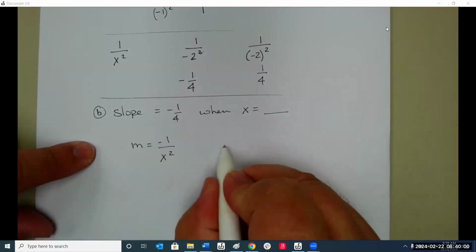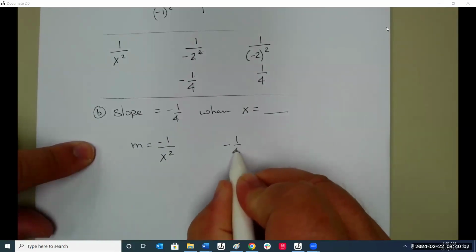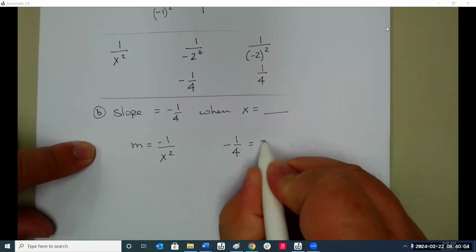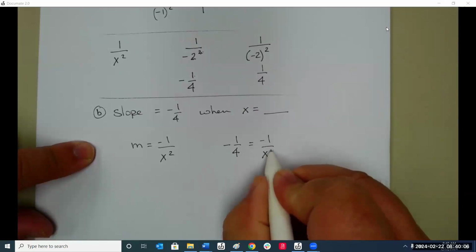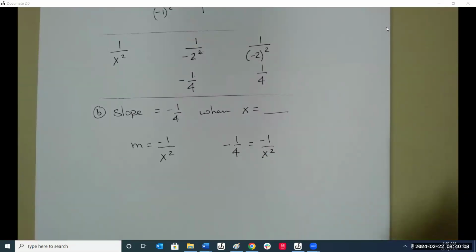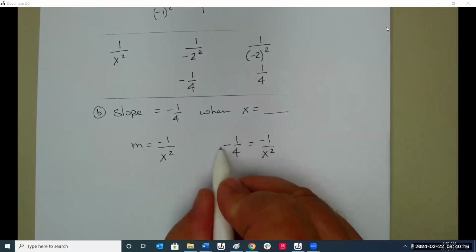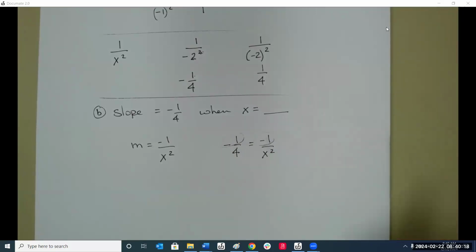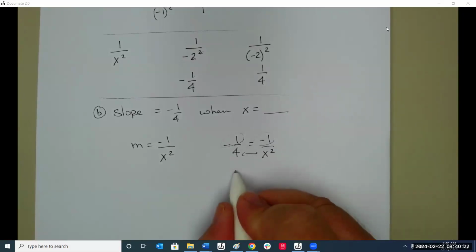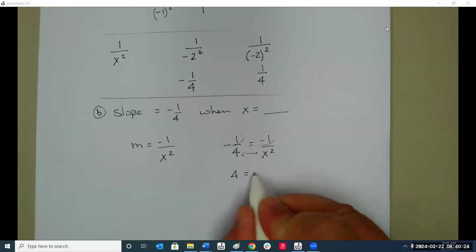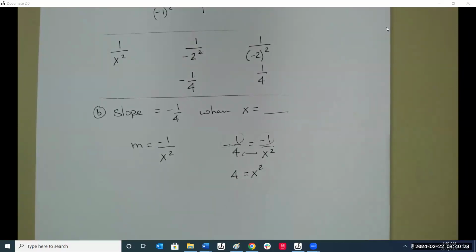When the slope equals -1/4, since both top numbers are both -1, we have to make sure the bottom numbers are equal. So when does x squared equal 4?